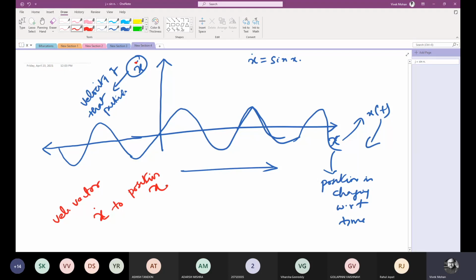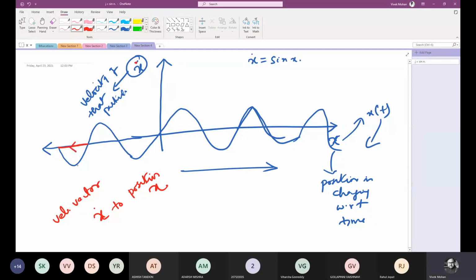It is convenient to plot x dot versus x like this, and we are going to draw some arrows on the x-axis here. On the x-axis, the arrows are such that when x dot is positive, the arrow is to the right side, and when x dot is negative, the arrow is to the left side. So in this segment, where should be the arrow? How the arrow should be here?